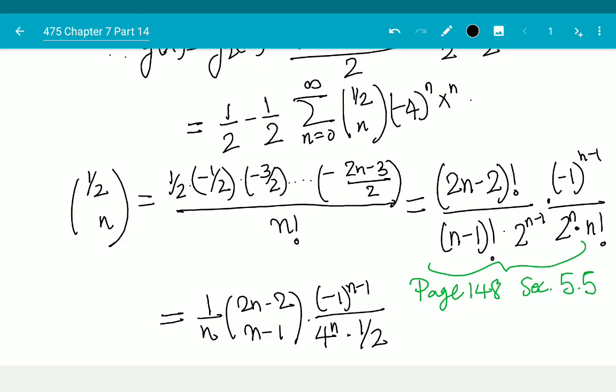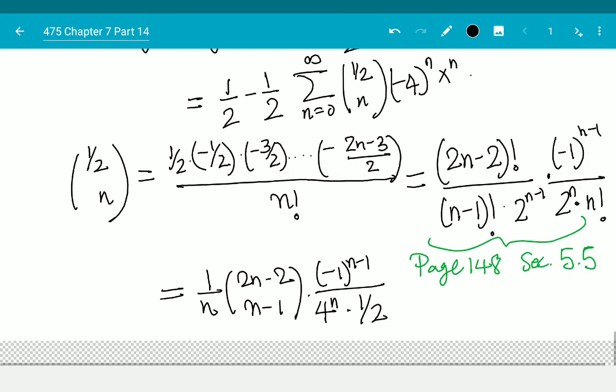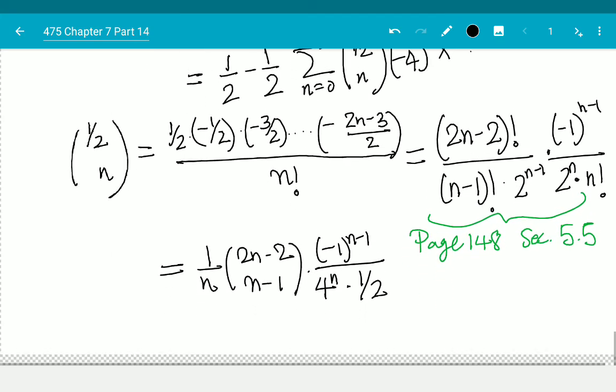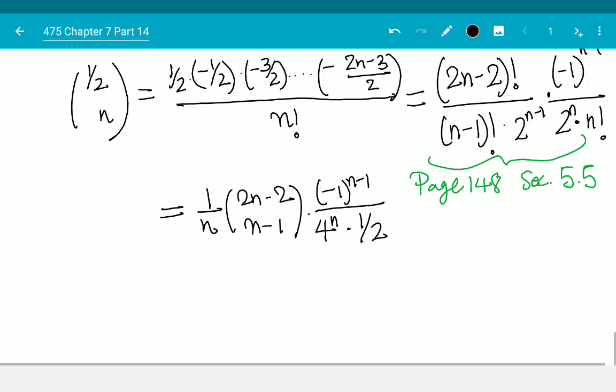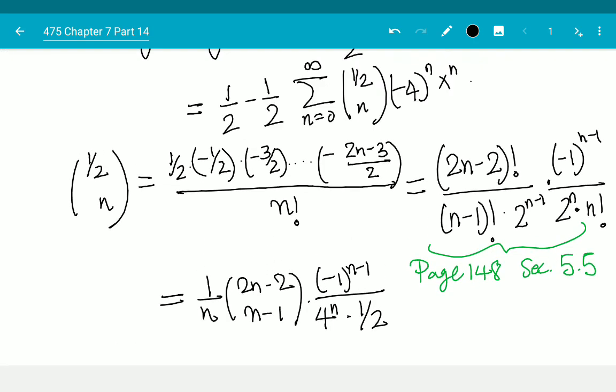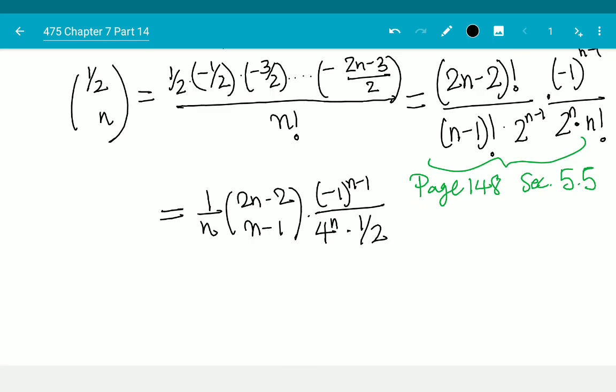Okay, so (2n minus 2) over (n minus 1) factorial times (n minus 1) factorial times n factorial. I pull out 1 over n, it becomes (n minus 1) factorial squared, which is just (2n minus 2) choose (n minus 1). 2 to the n minus 1 times 2 to the n is 4 to the n, divided by 1/2, and I'm pulling the negative 1 to the n minus 1 outside. Now this I can substitute back in my formula for g(x).